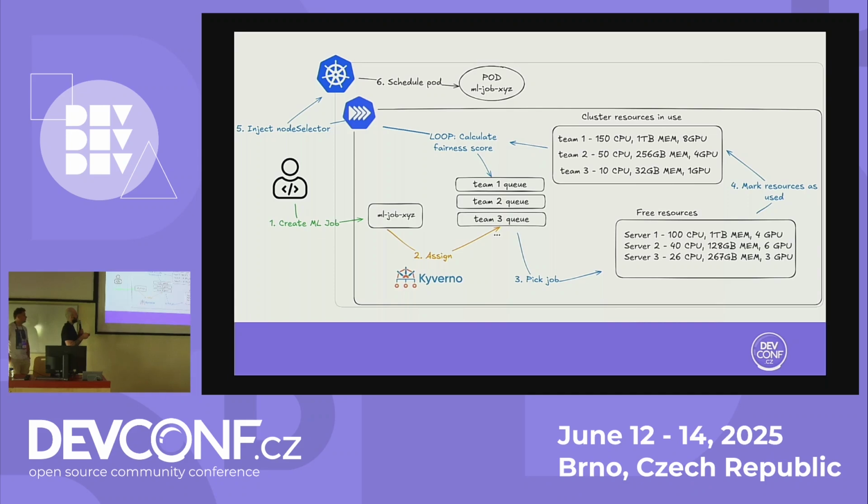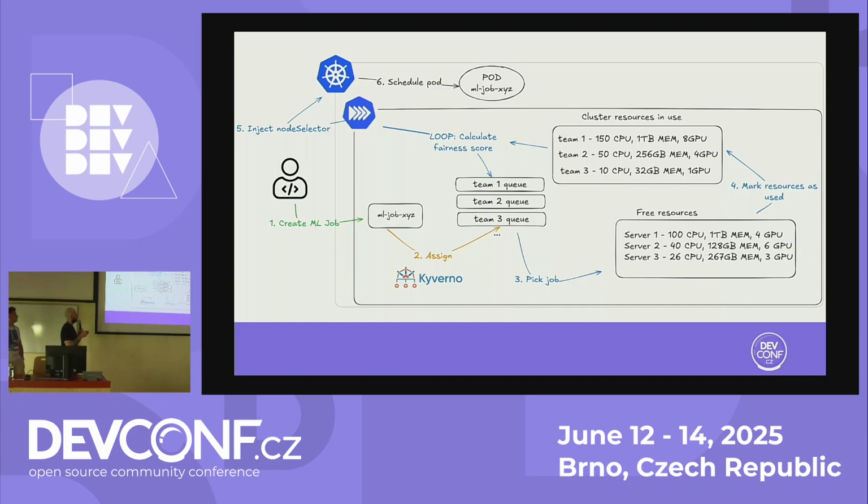Then the top jobs are sorted, and if there are multiple jobs that would fit into the free resources, the one with the lowest fair sharing value is picked. The team gets assigned the server resources. They are marked as used by the team itself.